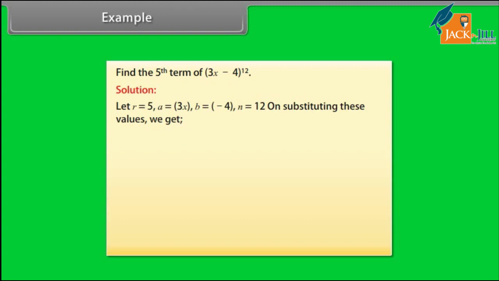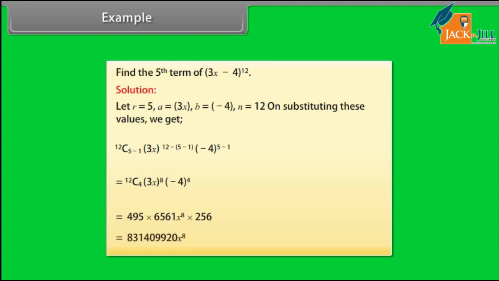On substituting these values, we get 12C(5 minus 1) into (3x) raised to the power 12 minus (5 minus 1) into (minus 4) raised to the power 5 minus 1, which is 3140920 into x raised to power 8.